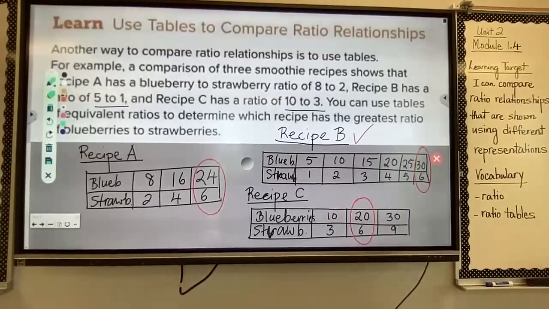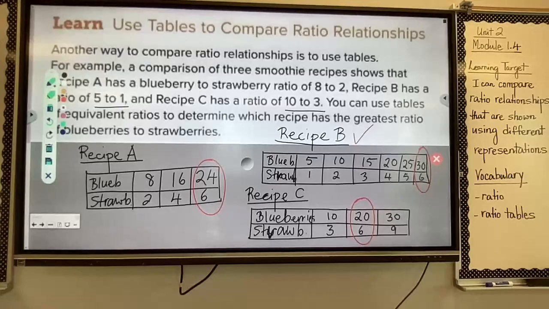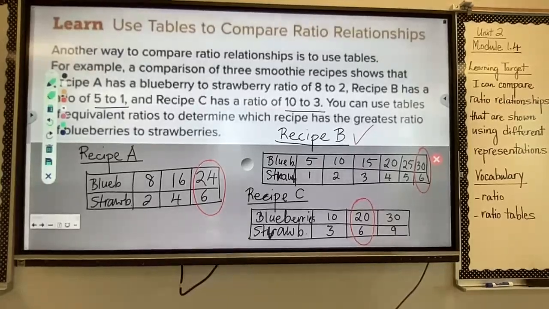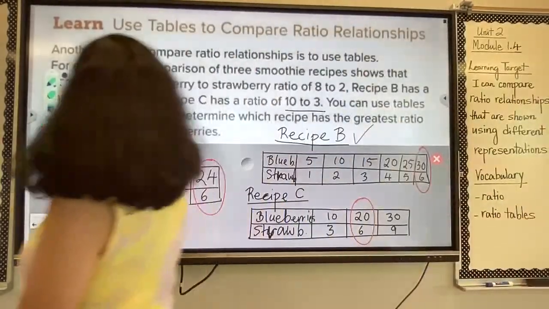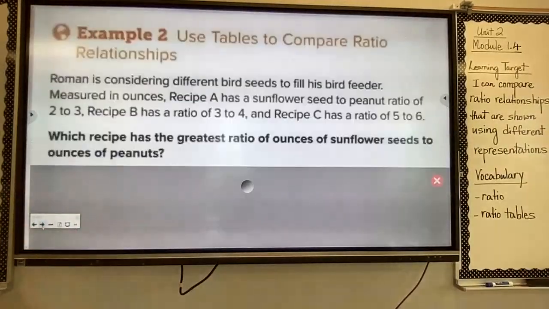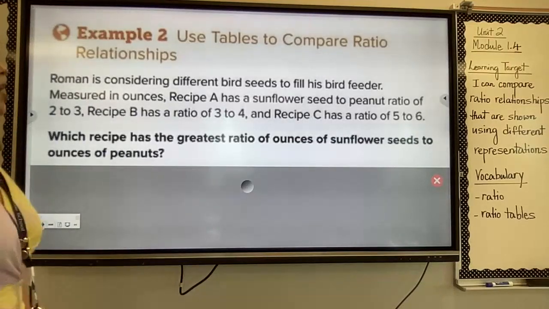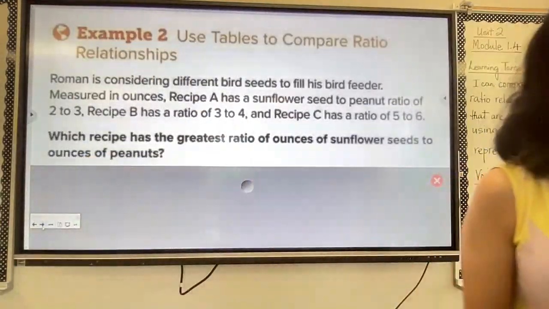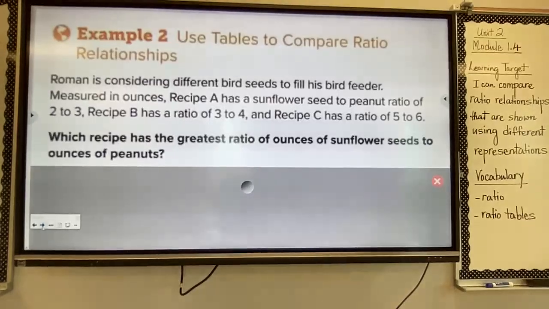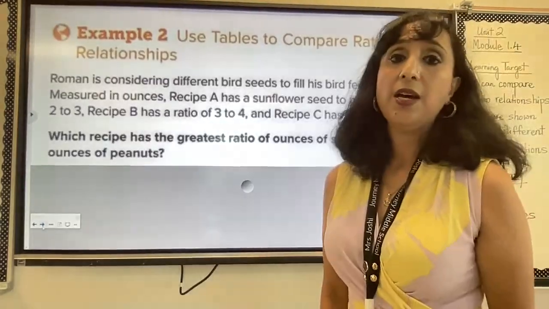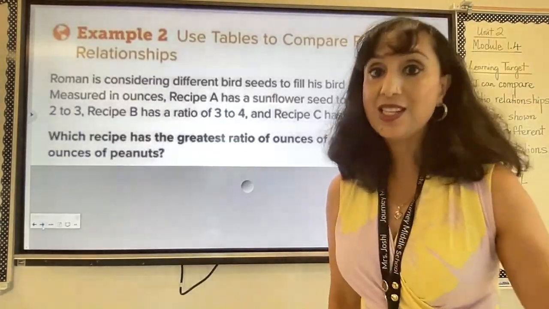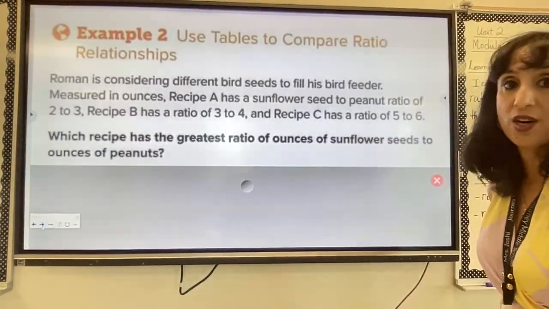Okay, so I am going to show you another one, and this is the last example when I'm comparing. So let's look at this using tables. Roman is considering different bird seeds to fill his bird feeder.